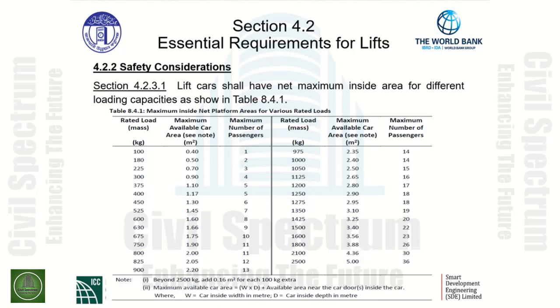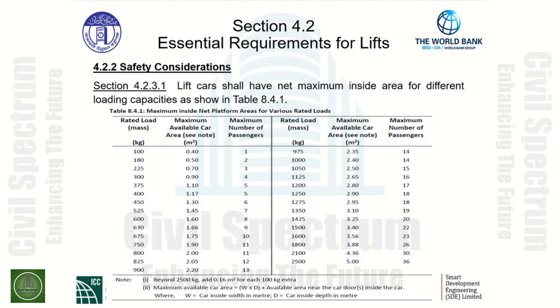As we look at the table below, the first column indicates the rated load in mass, kilograms. The next column is the maximum available car area in square meters. And the third column indicates the maximum number of passengers accordingly.